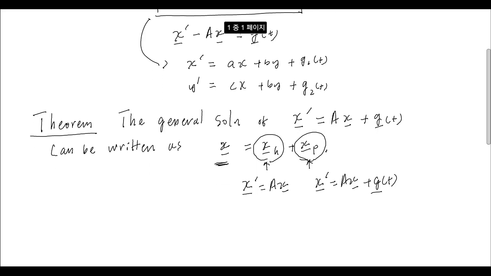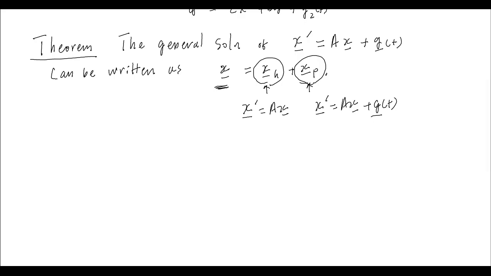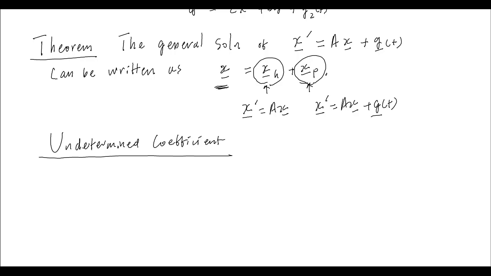So let's first consider the undetermined coefficient method, right? As you have seen in the second order ODE case, this method assumes the form of the particular solution xp based on the form of g(t).